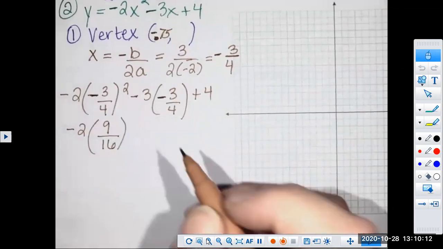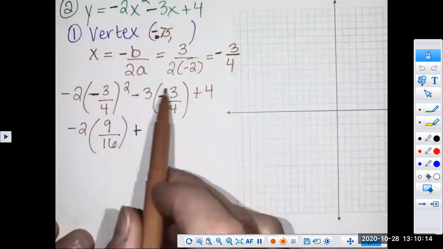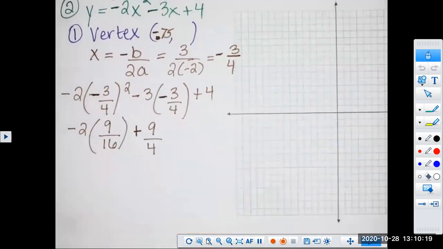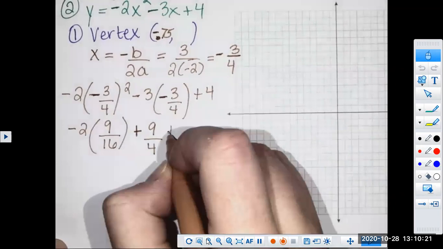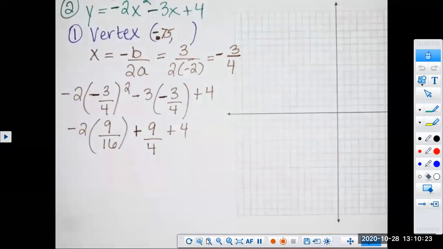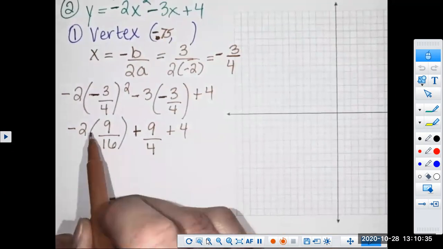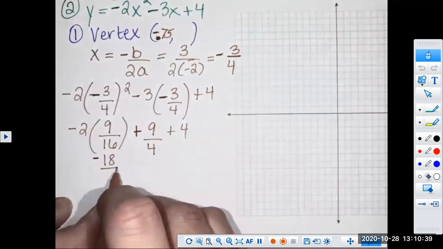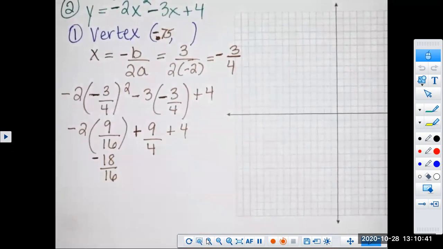And then in the middle, go ahead and multiply here. This becomes what? Negative 18 over 16. What will that reduce to?